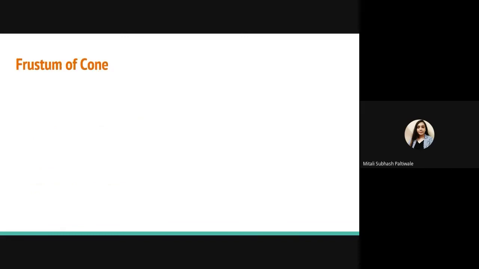Now, the frustum of a cone: when the cone is broken into two different parts, the frustum of the cone, which is the base part of the cone, will remain. So it will also have some area and volume.